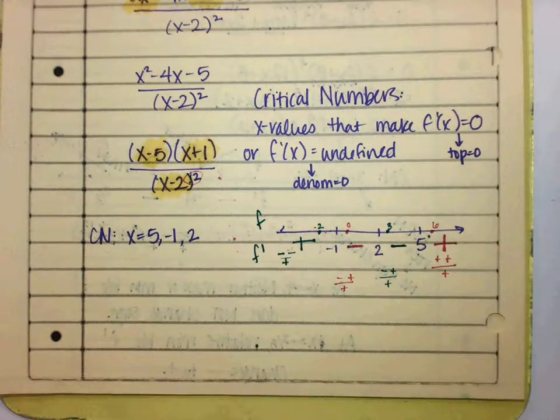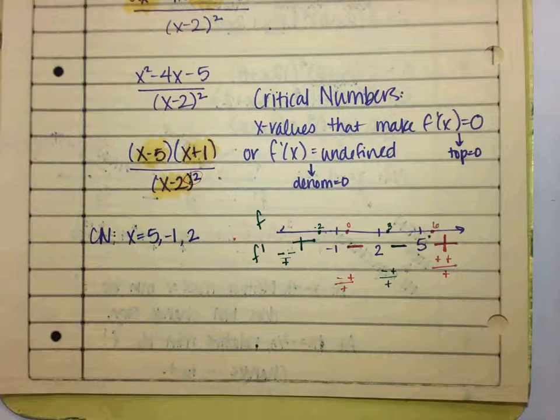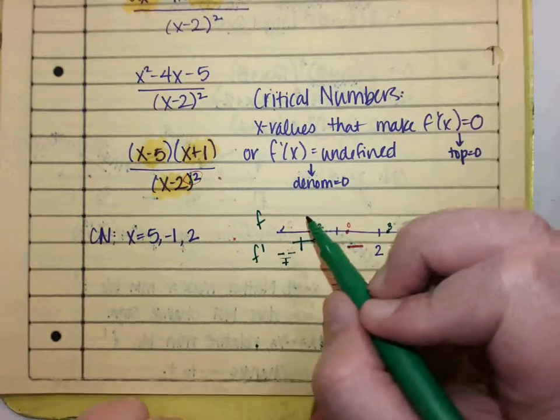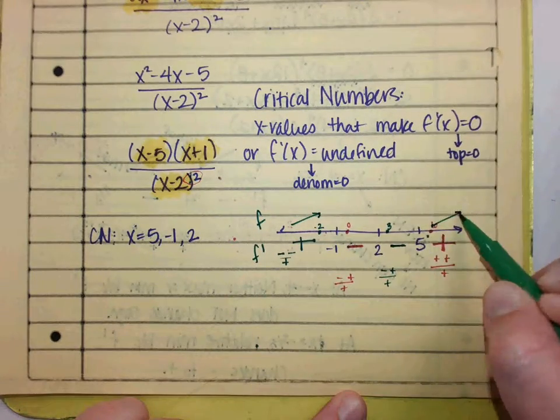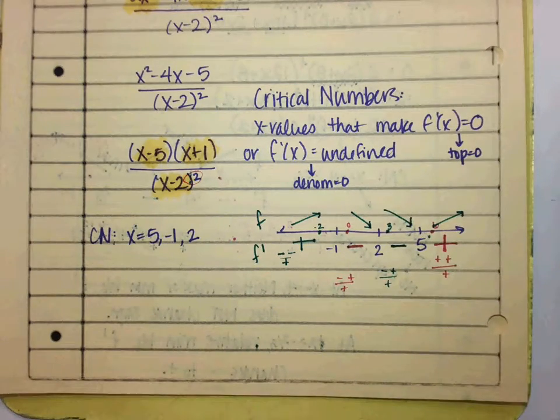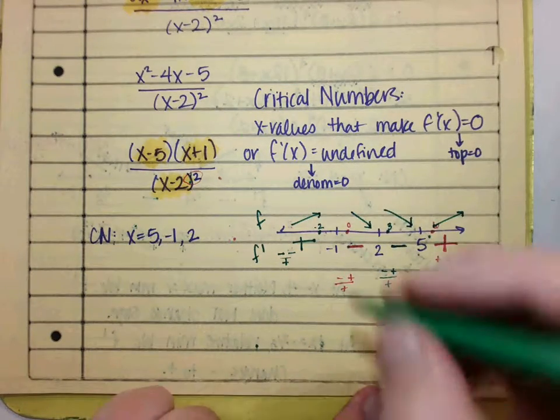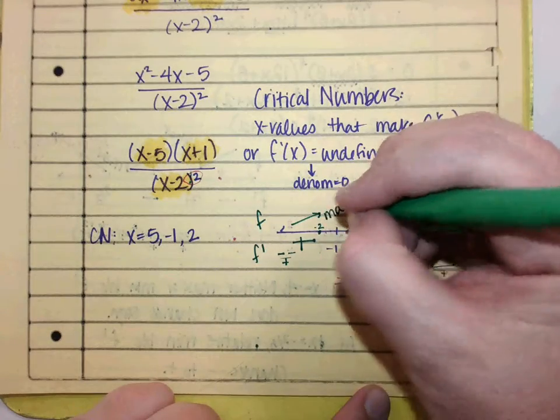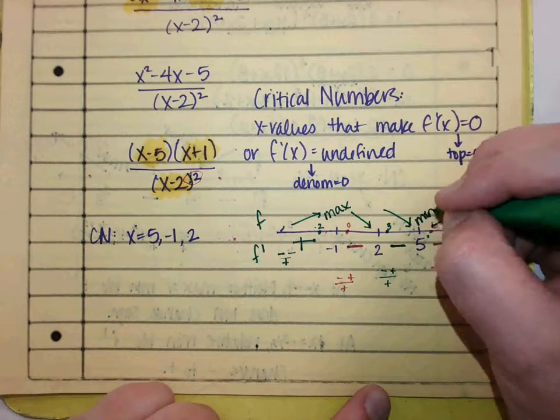Let's see what's happening for f. So my f would be increasing on the intervals where f prime is positive. It would be decreasing on the intervals where f prime is negative. Which means I have a relative max at negative 1. I have a relative min at 5.